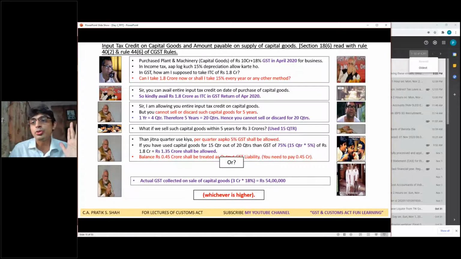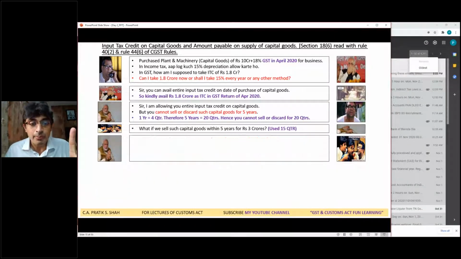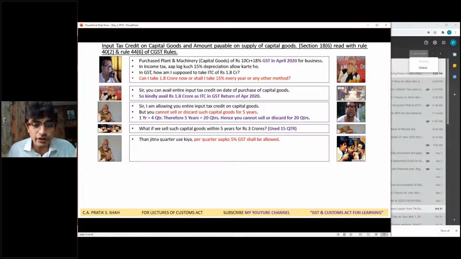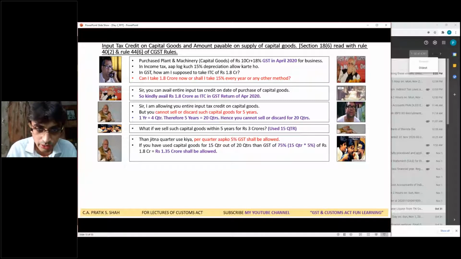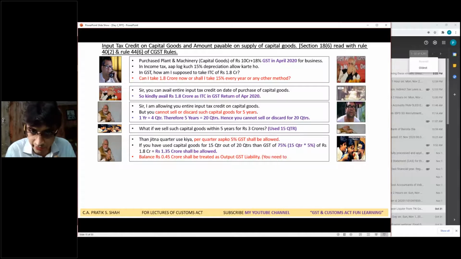This is how you need to do it. Method 1: how many quarters you have used? Per quarter, 5% shall be allowed. You used 15 quarters, so 75% shall be allowed. Out of 1.8, 1.35 you can take, but the balance 0.45 crore, 25%, I am required to pay, reversing my ITC.